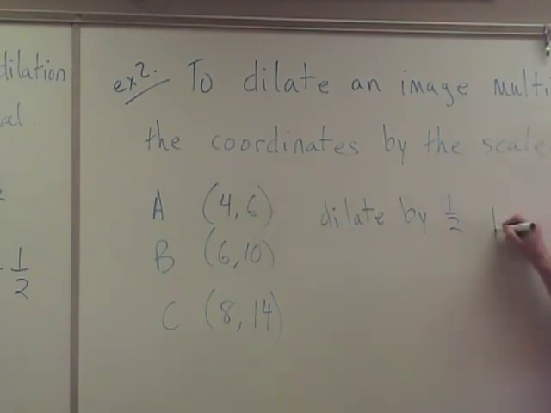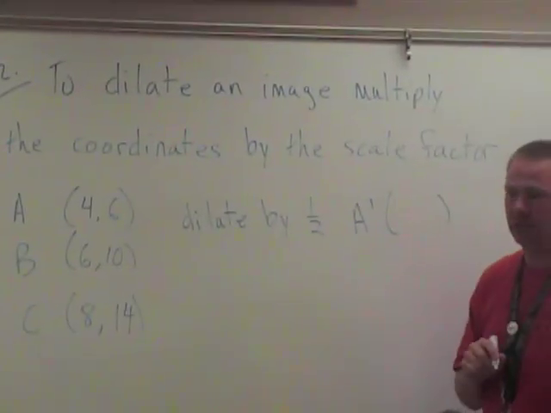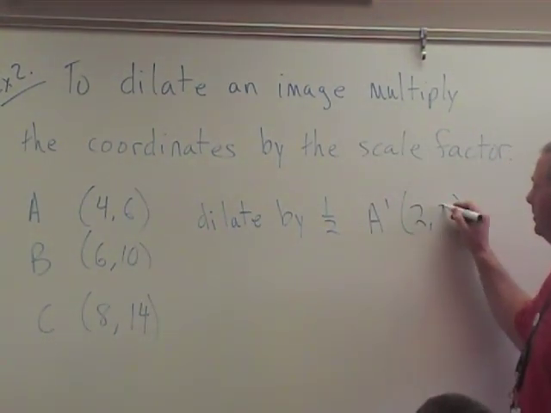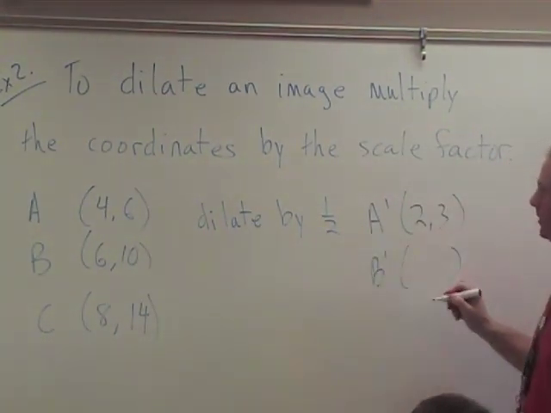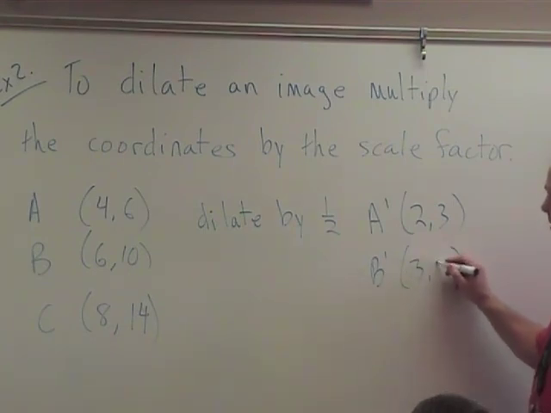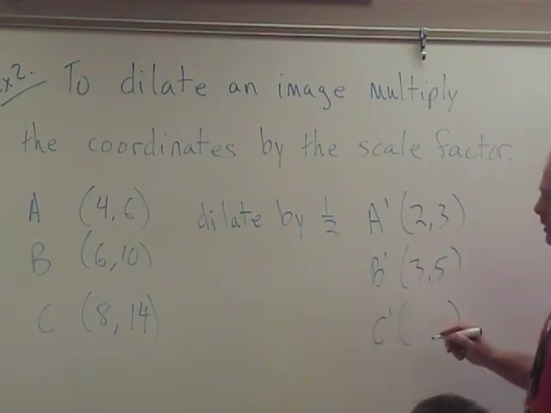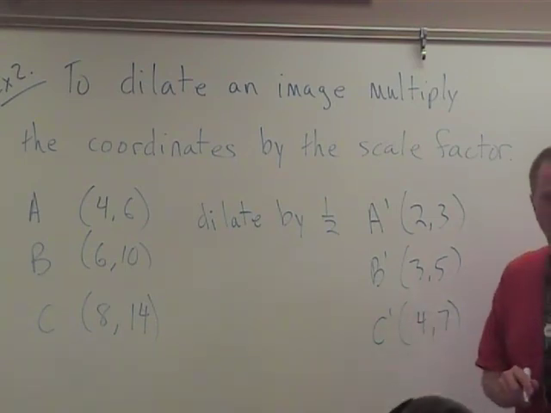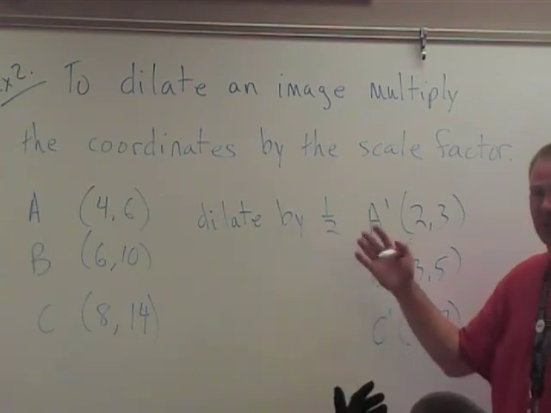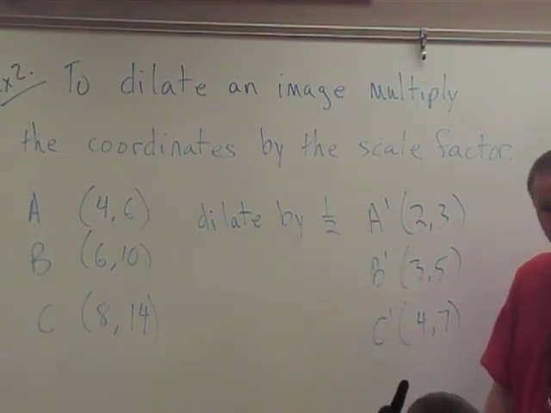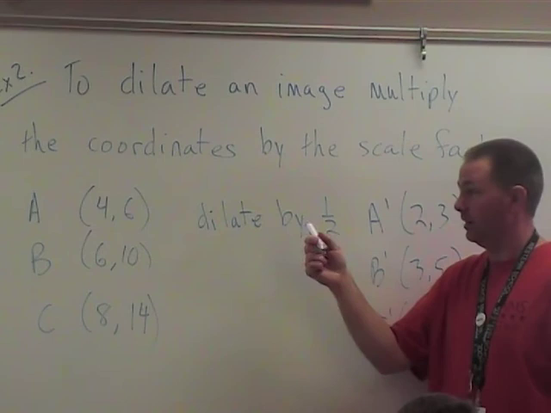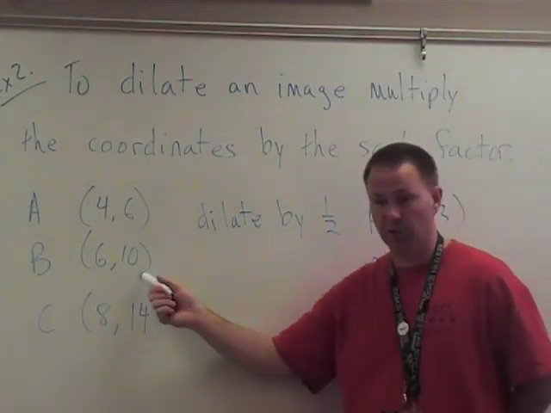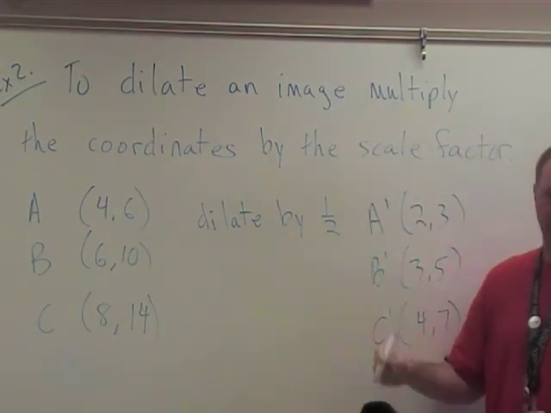So A prime is going to be what? Half of 4, half of 6: 2, 3. B prime, 3 and 5. C prime, 4 and 7. Can you do that? Yes. And then you can draw them and show the figures. This means that the image is smaller than the pre-image because you downsized it by half.